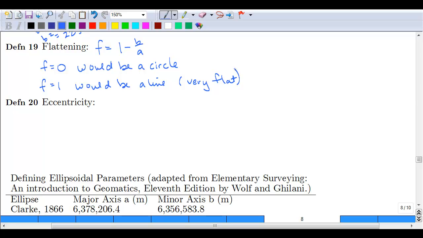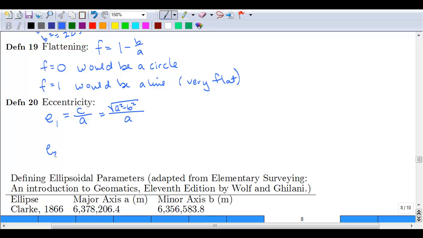You can see how that would be getting flatter and flatter. Another way we talk about flattening with regards to an ellipse is what's known as eccentricity, and there are two eccentricities. There's one with regards to the major axis, which we call eccentricity 1. This is really just comparing c to the major axis, or if you plug in the formula for c, it would be the square root of a squared minus b squared, over a.